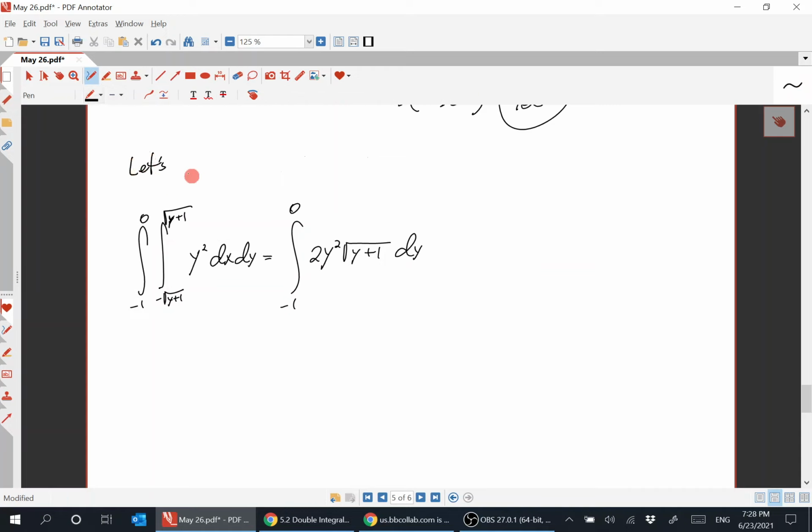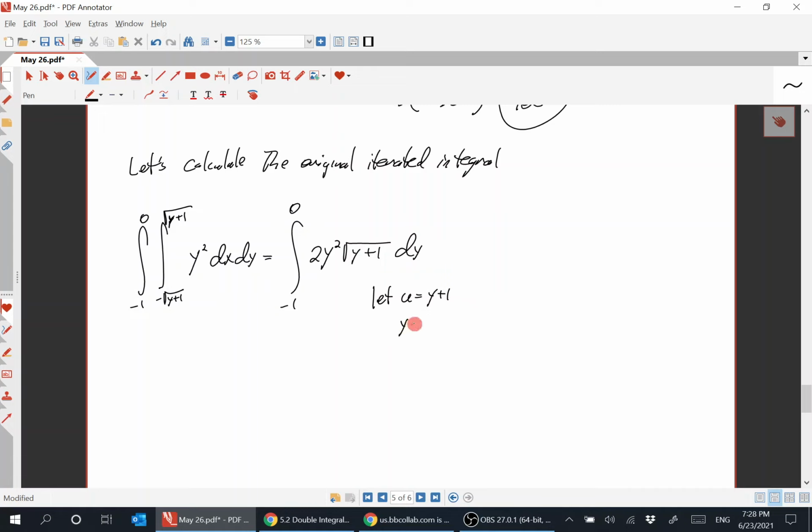So let's calculate the original iterated integral. Anyone see the trick to that one? It's a u substitution. Right, so the u substitution is let u equal y plus 1.